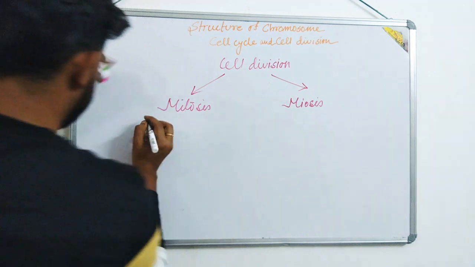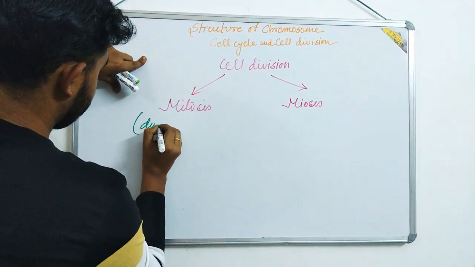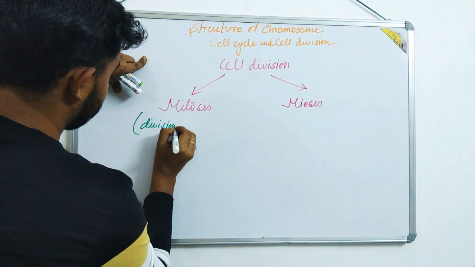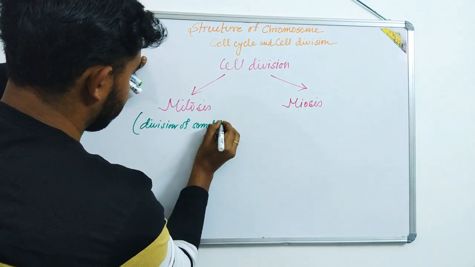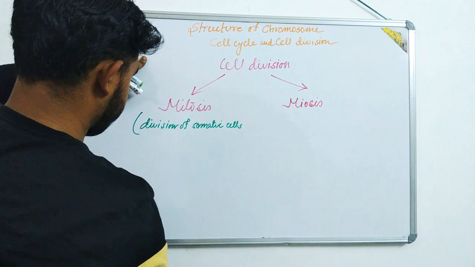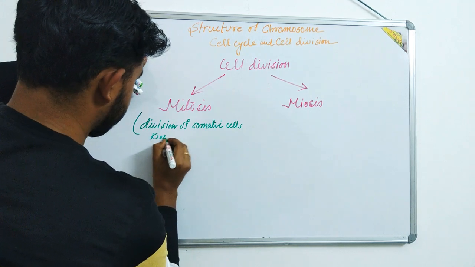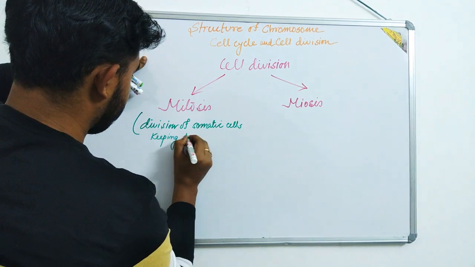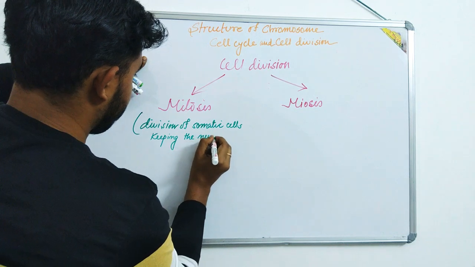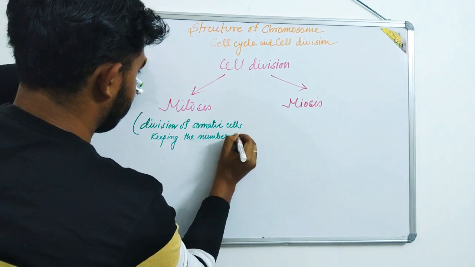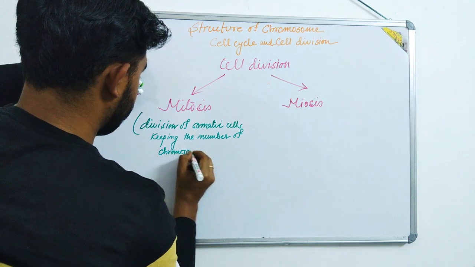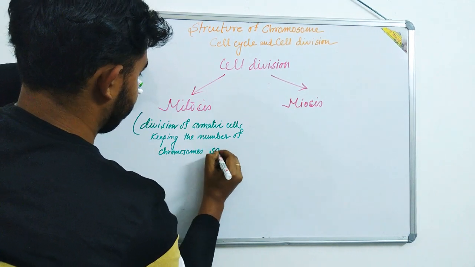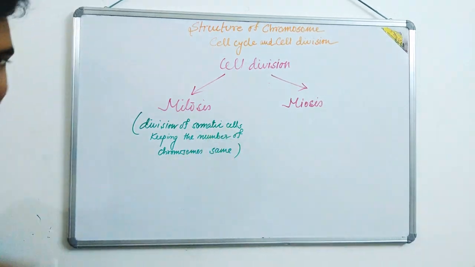Okay, mitosis: division of somatic cells keeping the number of chromosomes the same. Okay, very easy, isn't it?